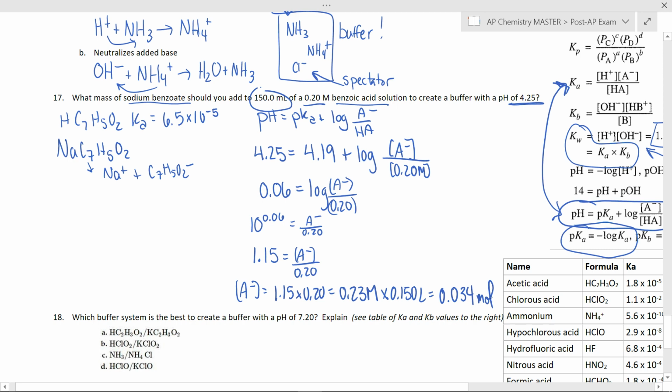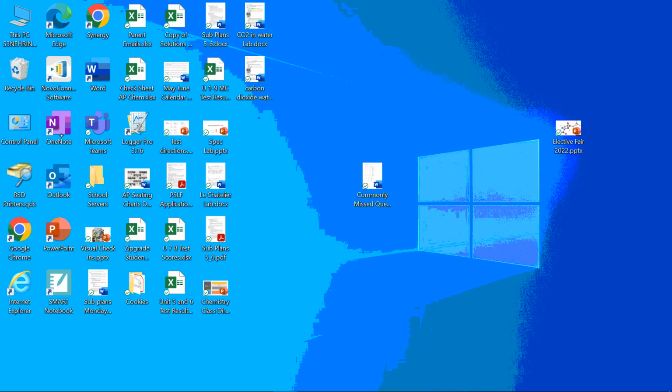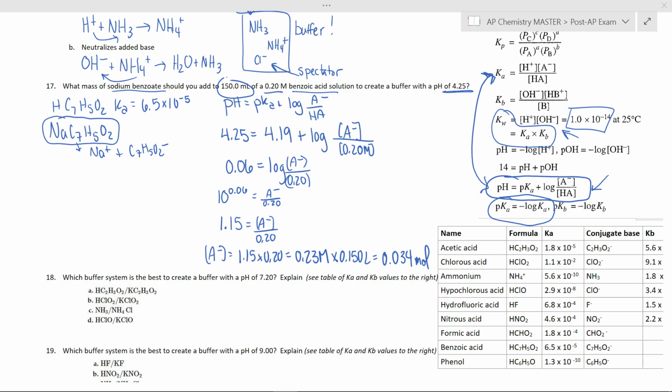And then this is sodium benzoate, so I have to take a moment to find the molar mass of this substance. Okay, here we go. So the molar mass of this substance is 144 grams per mole. You use your periodic table, or if we want to be a little lazy at home, we can Google it.